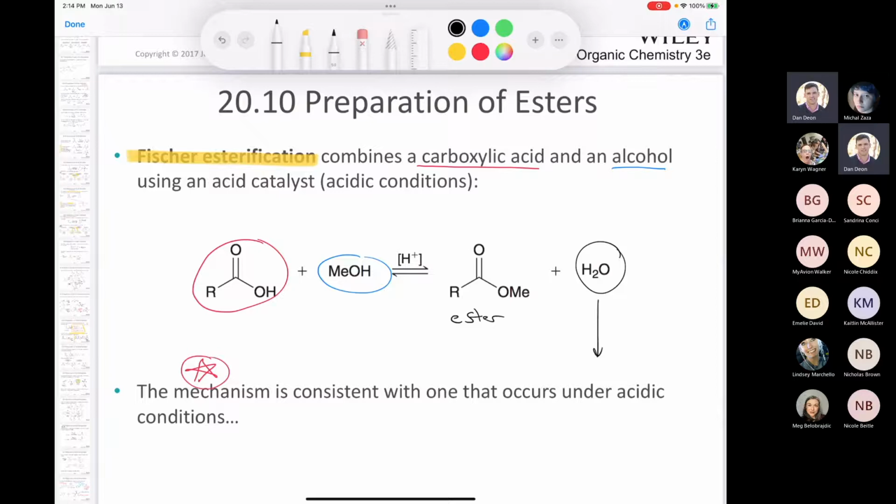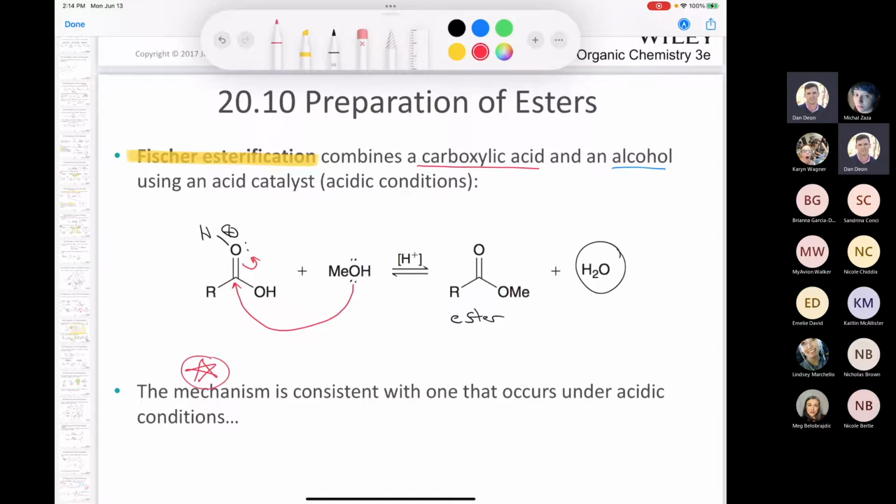But before we do that, I want to take a look at the mechanism. Now, if you think about methanol, methanol is not a strong nucleophile. It's a weak nucleophile. Is a carboxylic acid electrophilic enough to react with methanol? The answer is no, it is not. However, if it gets protonated by the acid, and this is just a shorthand mechanism, to make an oxonium ion, that's a lot more electrophilic, and then our methanol can come in as a nucleophile like this.